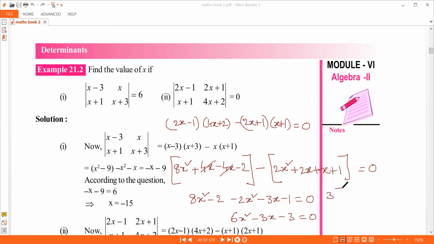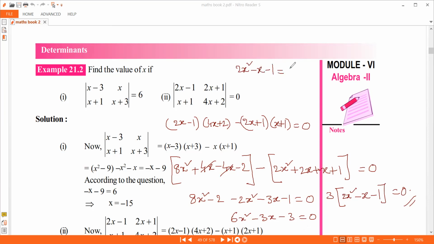When you take 3 as common, you get 2x square minus x minus 1 is equal to 0. So 3 you can send to the other side. What we need to solve is simply 2x square minus x minus 1.